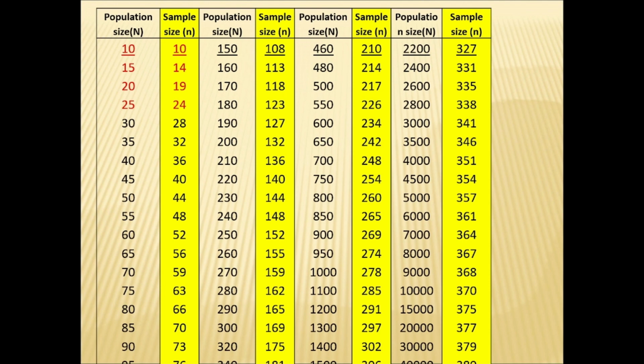Now you come down, go to the first slide. For 10, it is 10. For a population size of 100, it is 108. For a population of 460, it is 210. For a population of 2200, it is 327.